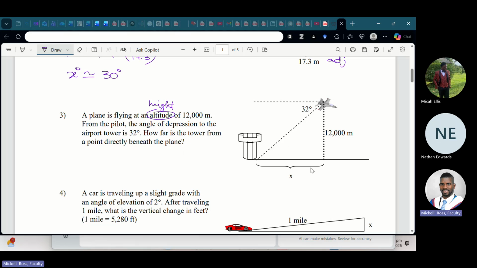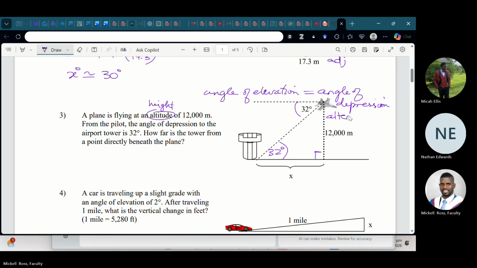So we want to find this distance here, as it is denoted on the diagram. So this angle and this angle here are going to be the same. So we need to know that an angle of elevation is equal to the angle of depression because they form what are called alternate angles.